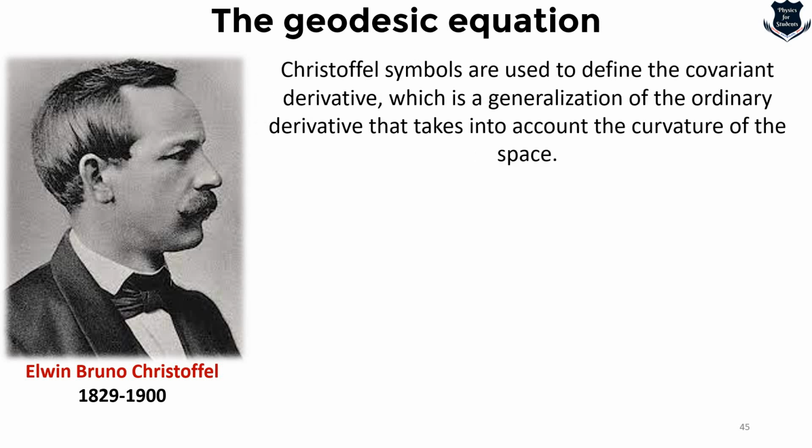Christoffel symbols are used to define the covariant derivative, which is a generalization of the ordinary derivative in order to take into account the curvature of spacetime. If you want, you can go to my video on the Ricci curvature tensor and Riemann tensor, where I have explained what a covariant derivative is. So you can say the ordinary derivative really doesn't work in terms of the curvature of spacetime. Again, just like a straight line is extended to geodesics, the covariant derivative is an extension of the ordinary derivative.